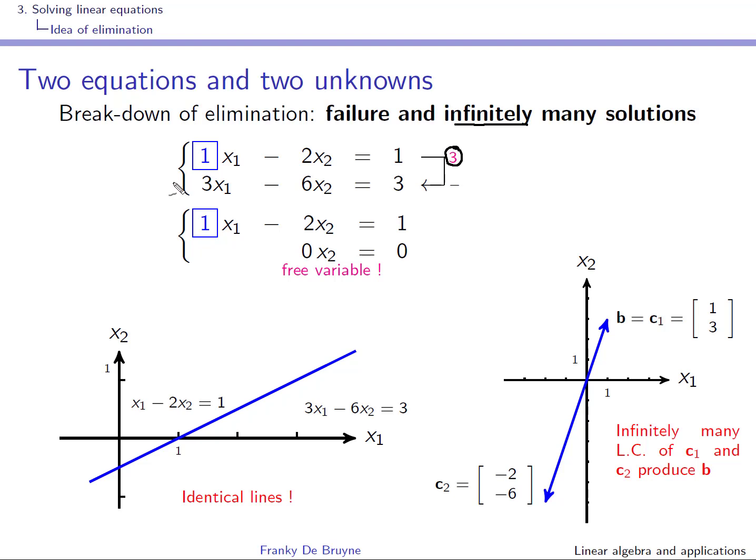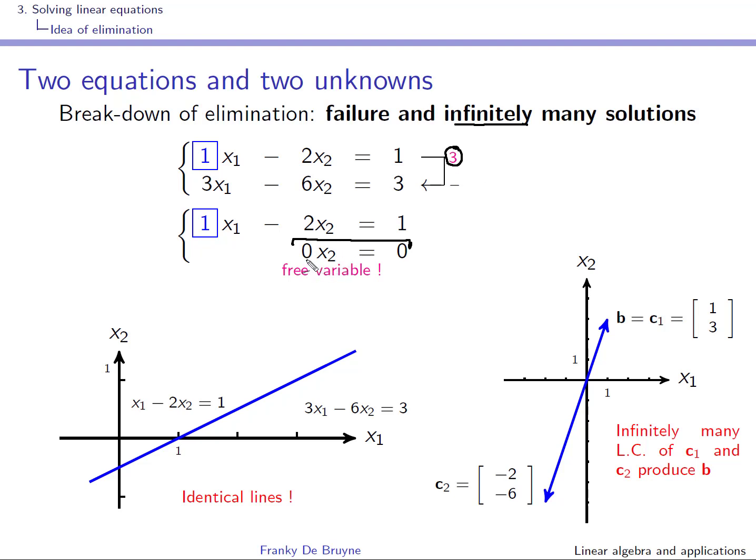We take the second equation minus 3 times the first equation, and this produces an equation that is this one. And in this case the equation 0 times x2 is equal to 0. Well, it has an infinite number of solutions.